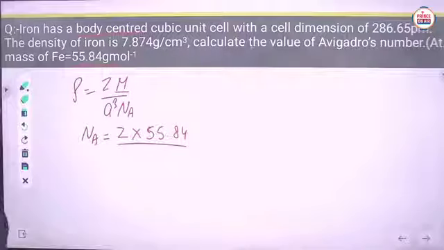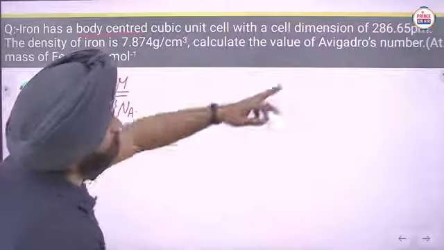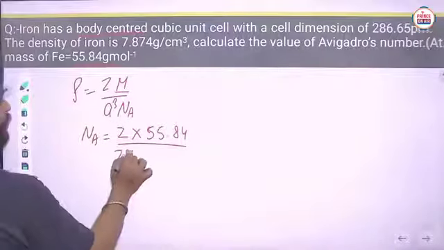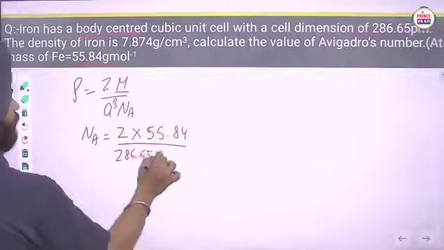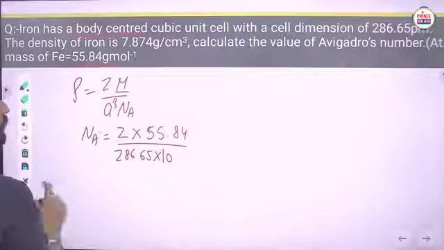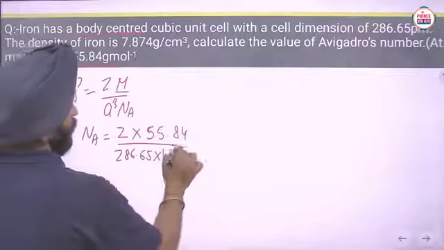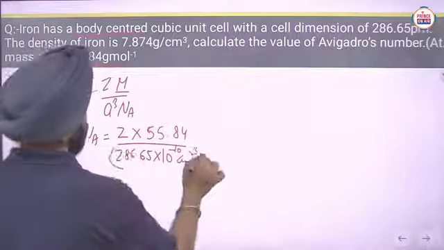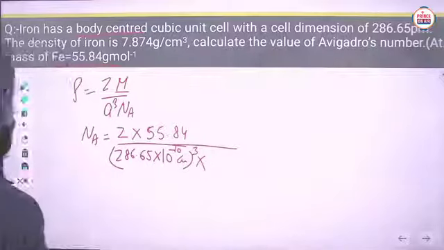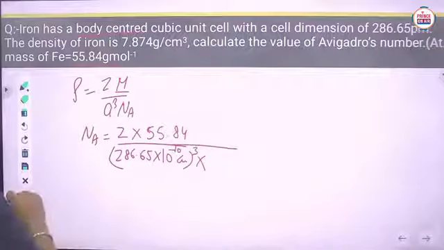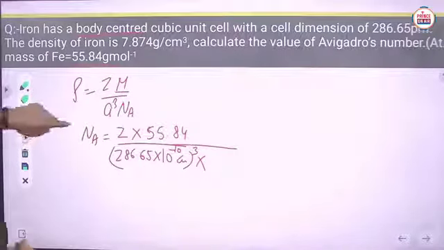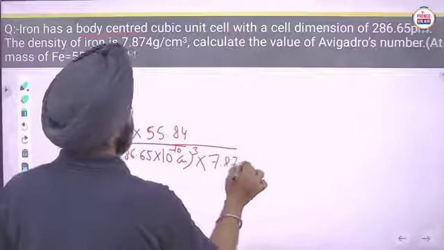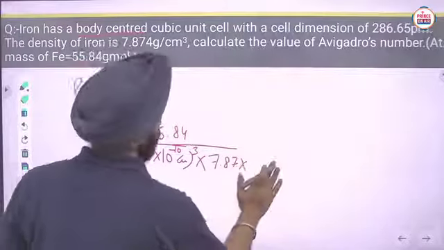The value of a, where is the value of a? That is 286.65 into 10 raised to the power minus 10 centimeter, cube. Okay, and then the value of rho, the density, 7.87.